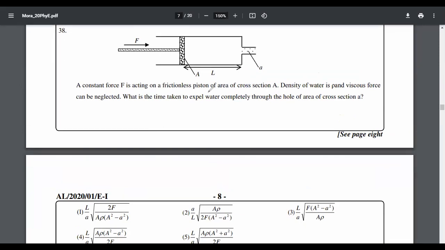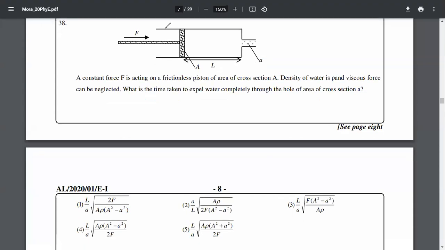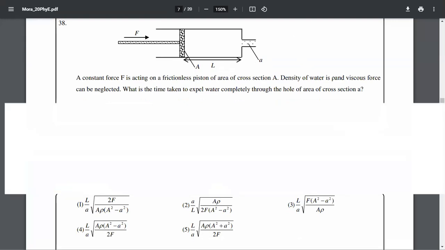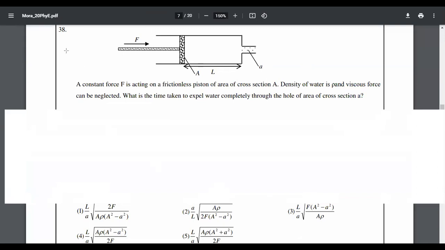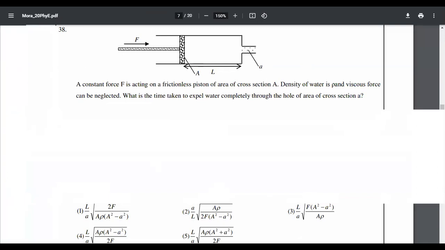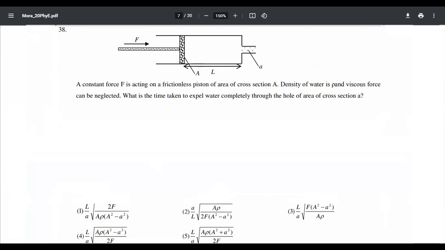What is the time taken to expel water completely through the hole of area of cross section a? We need to get all the water out. For that, we need to plan that. What is the plan to find the final time? So how do you find the time?